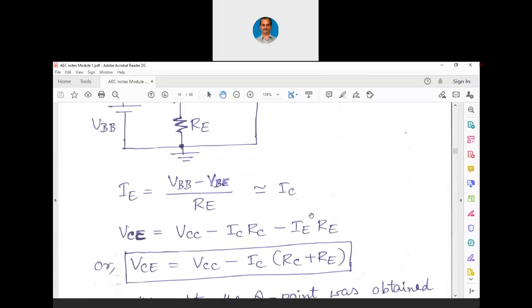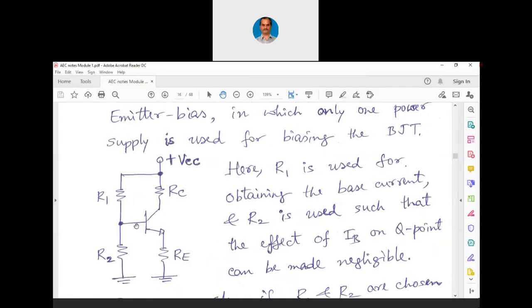But in the voltage divider bias, you can see here, if we choose the values of R1 and R2 in such a way that the current flowing through this input side is in milliampere, IB can be ignored. When IB can be ignored, we can say that the voltage across R2 is constant. If the voltage across R2 is constant, then VBB remains constant throughout irrespective of the temperature, because we are completely ignoring IB. If VBB remains constant, then if you apply KVL here, VBB minus VBE is nothing but VE.